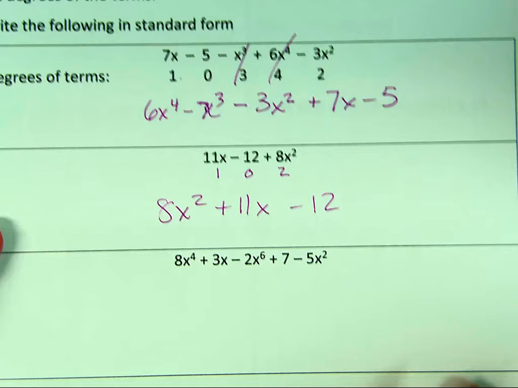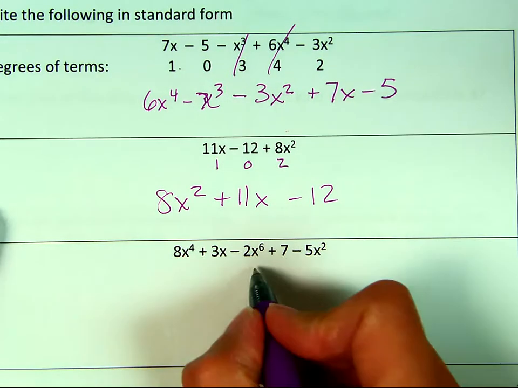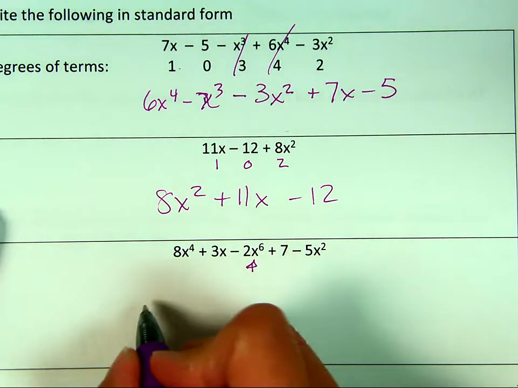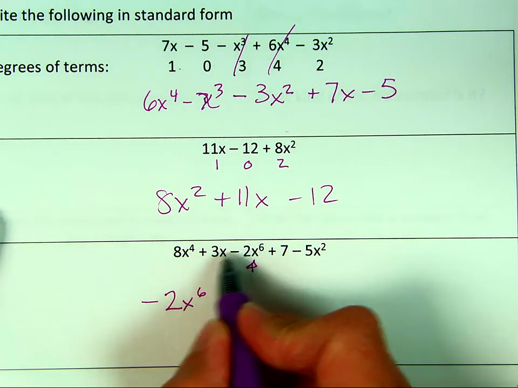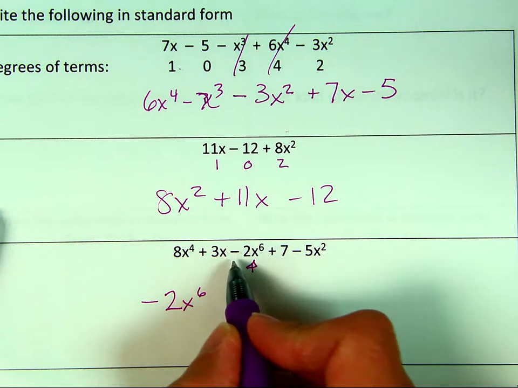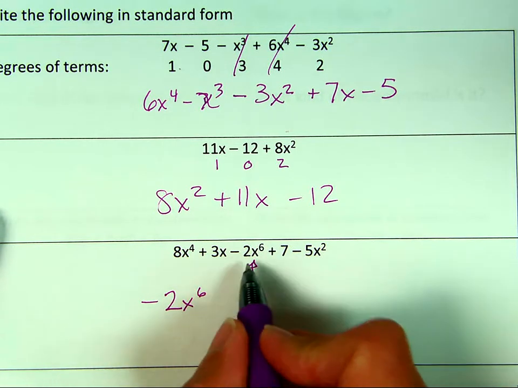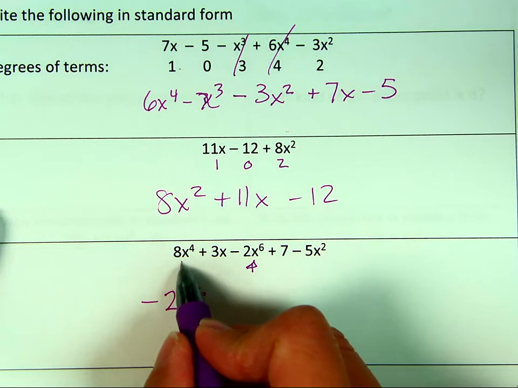Okay, what about this one? Which one should go first? Well, this one has an x to the 6th, so let's put that first. Make sure you remember that the sign in front of each monomial, each term, is what stays with it. It's not the one behind it, it's the one in front of it. So negative 2x to the 6th goes first. Then this one looks like it's next because it's a 4.